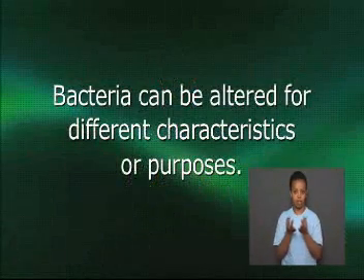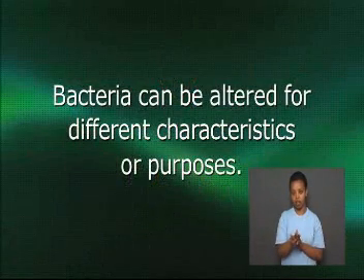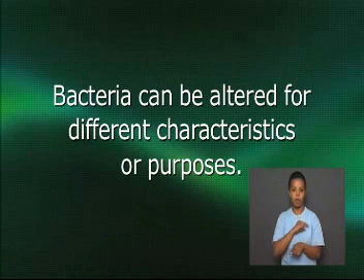In other words, bacterium can be altered for different characteristics or for specific purposes. Some examples of ways modified bacteria are used are in antibiotic resistance, medicines, human growth hormone, or human insulin.